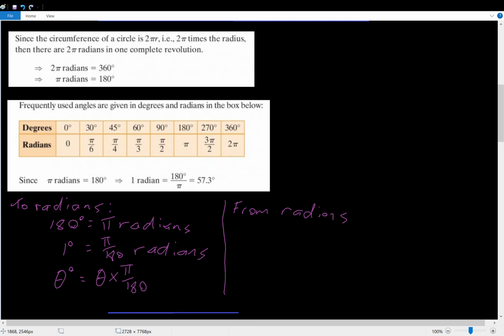If we're given radians in the form of pi over 6 or 3 pi over 2, if pi is involved in this, then all we're going to do is sub in 180 for pi in our radian amount, and then work it out from there. And we'll see examples of that below in just a moment.